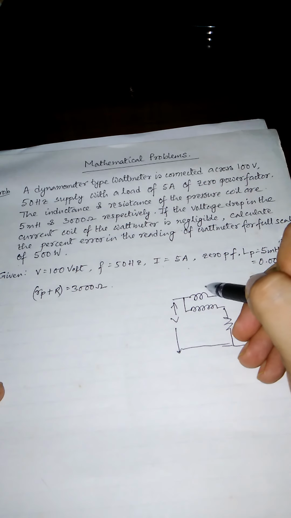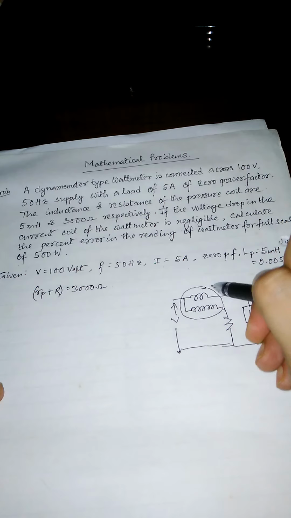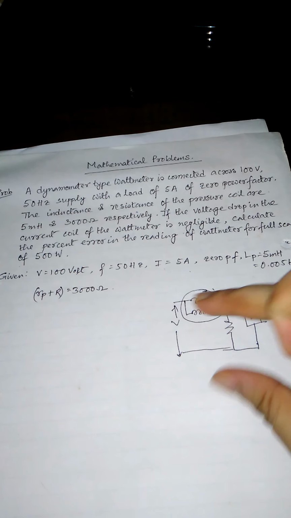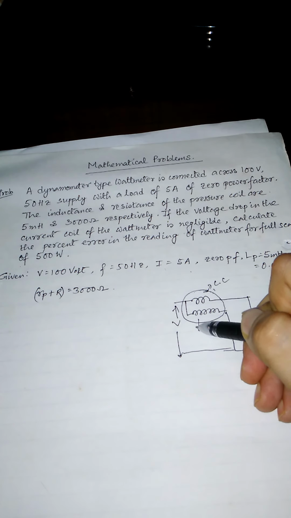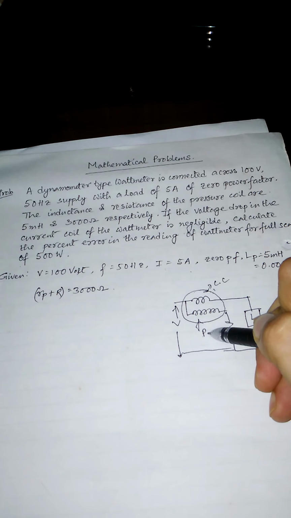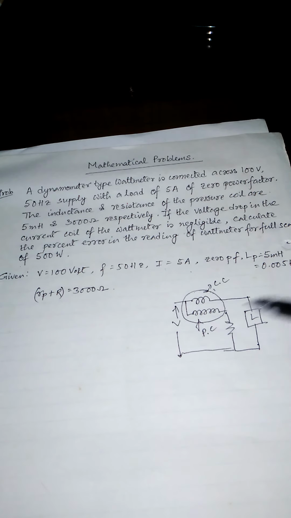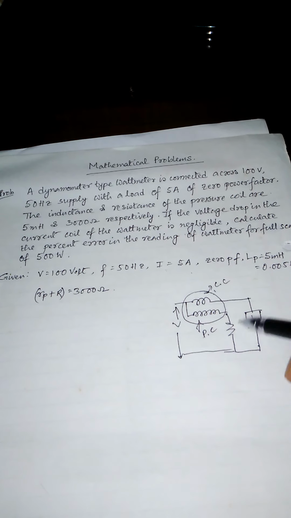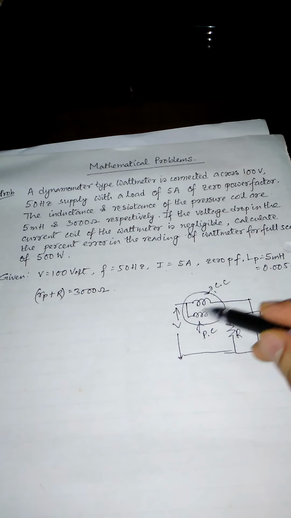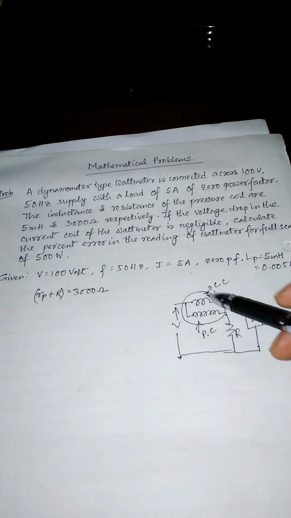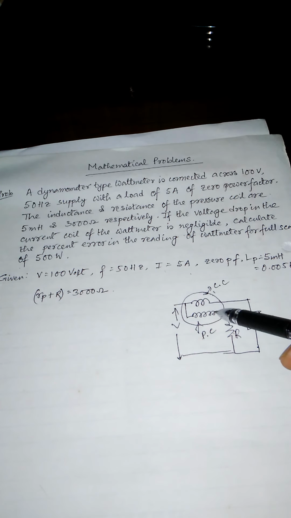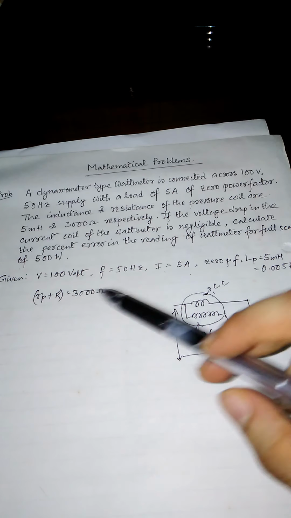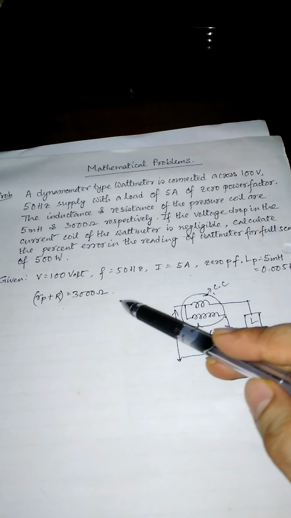This is the supply voltage that is applied here, and this is our current coil and this is the pressure coil, or voltage coil, or potential coil, and a resistance R is connected with this coil in series. So when we consider the total resistance of the wattmeter pressure coil, we have to consider the resistance of this coil and this resistance that is connected in series with the coil. So we are considering it here as RP plus R equal to 3000 ohm.